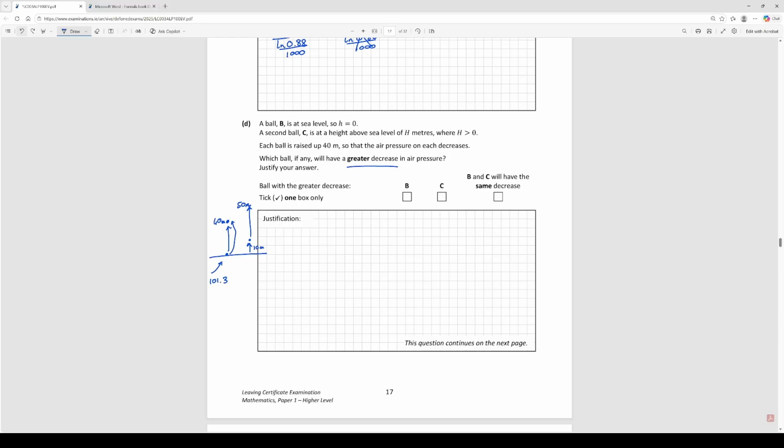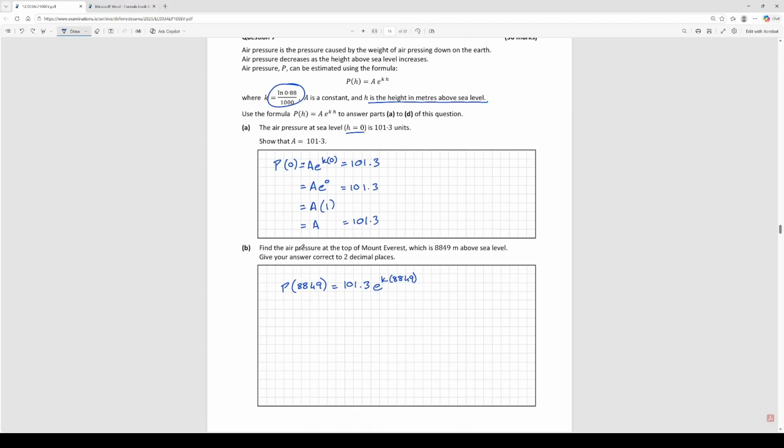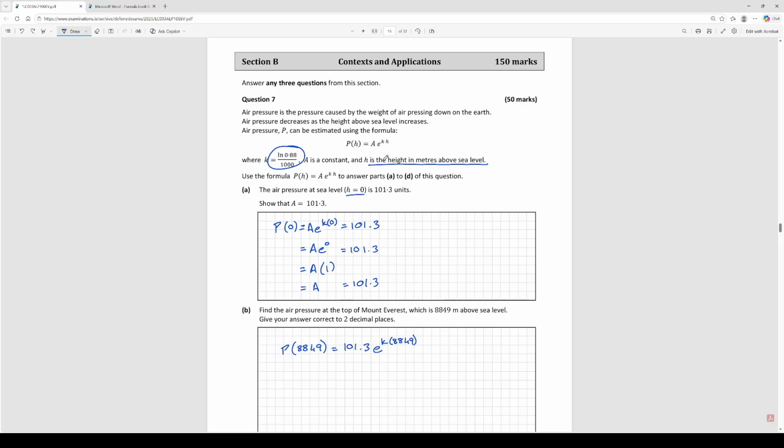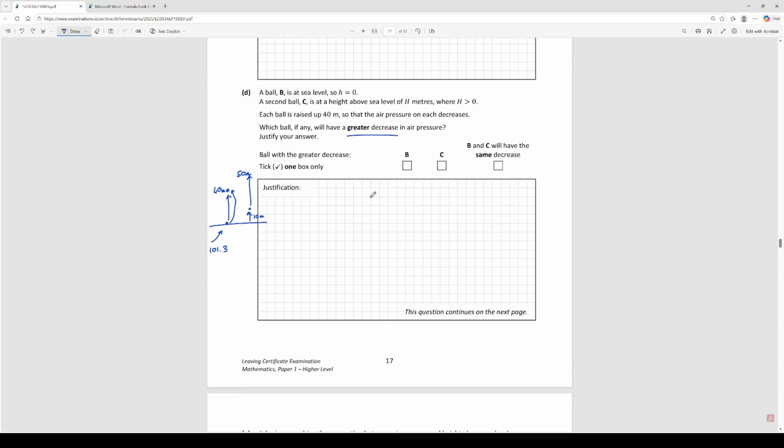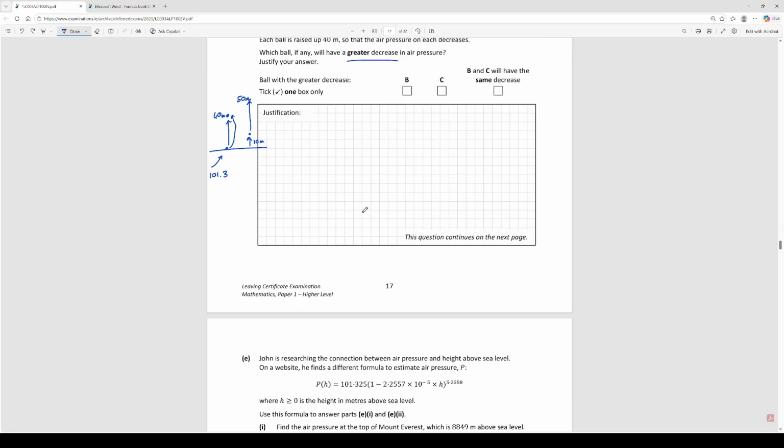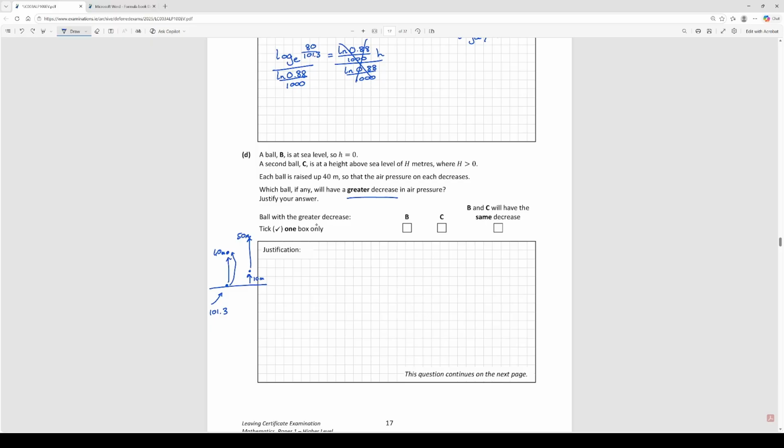There's a way of doing it by differentiating, and differentiating that actually wouldn't be too bad at all, because it's a rule in the log tables. So now I feel obliged to show you what I'm talking about. The thing was 101.3 e to the ln 0.88 over 1,000 h. That 1,000, by the way, is not in the ln, so watch out you don't fall for that.